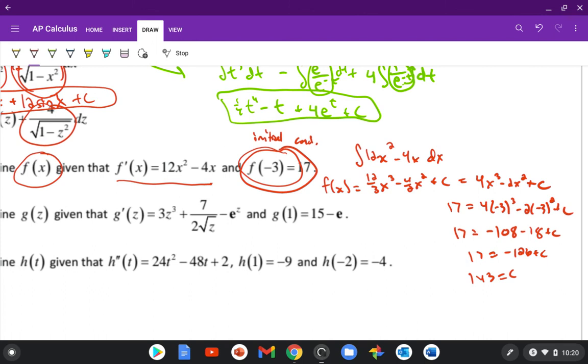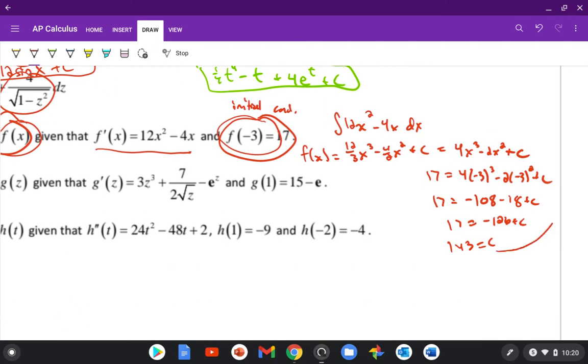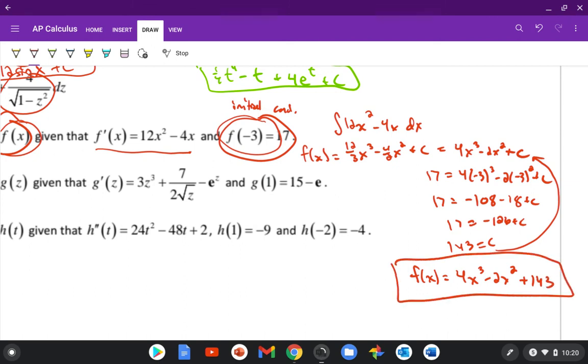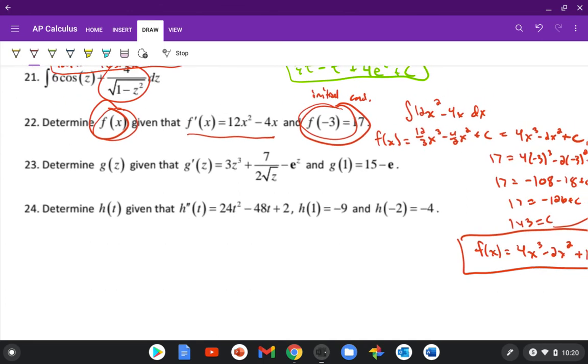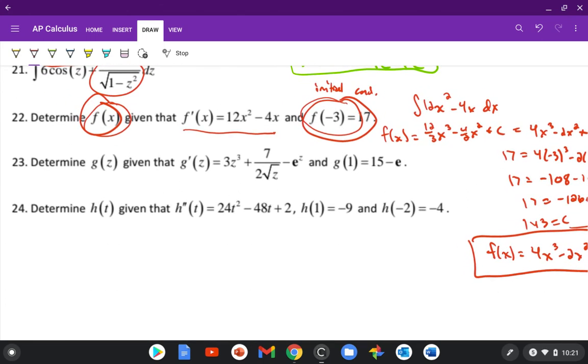And then our actual solution, f of x, would be, plug this c back in here. So f of x would be 4x to the third minus 2x squared plus 143. It would work the same for this one, just be a little bit more challenging.